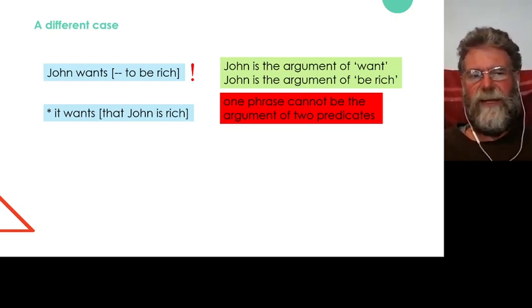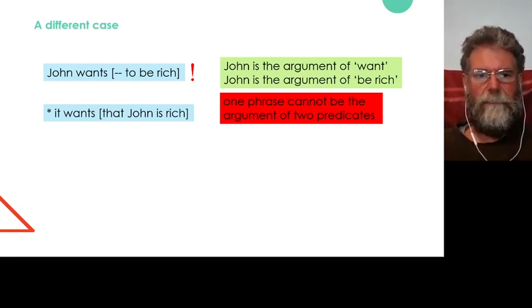You couldn't possibly interpret this sentence in that way, like you can with "seem." "It seems that John is rich" is perfectly fine with a meaningless "it." So clearly then this "want" is very different from "seem," and it doesn't behave in the same way.